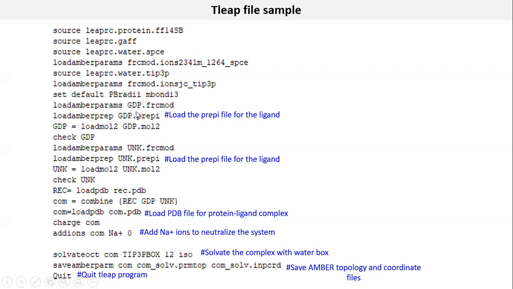As I mentioned before, we use the Antechamber program to create these files. After creating them, we use them as input for the lib files. We say that I created the lib files and parameter files for my ligands, so use these lib files that I prepared myself. This is another ligand as well.